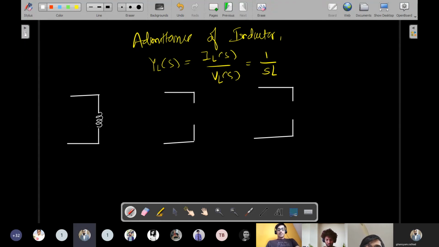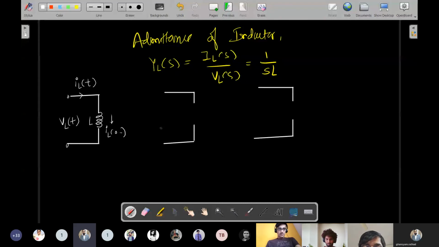So this is the inductor, capital L. The current stored is IL 0 minus. This is IL of t, the current flowing through the inductor, with voltage VL of t. This is the time domain representation.